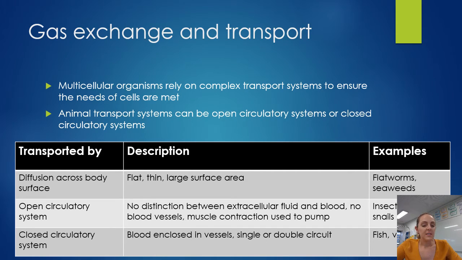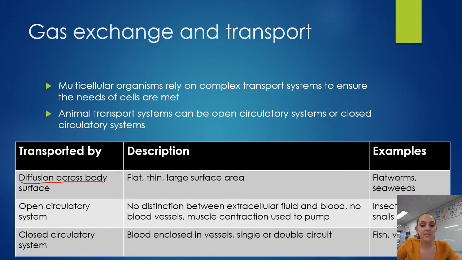Now, us as multicellular organisms rely on really complex systems to ensure that gases are able to enter and exit the body. Now, we can group those into open or closed circulatory systems. For really simple organisms like flatworms and seaweed, they are going to do diffusion straight across their body surface. Remember, diffusion can happen across the cell membrane if the cell membrane is really thin and we're just passing simple substances like gases.